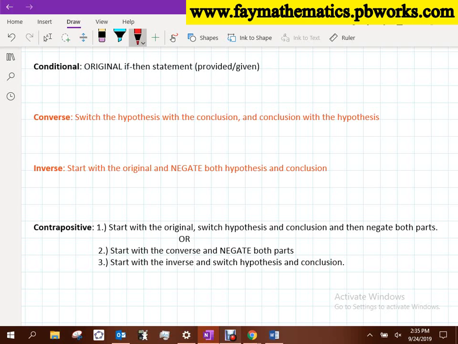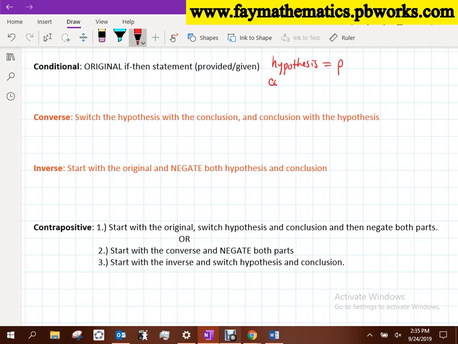There's a little bit of notation that goes along with this stuff. We talked yesterday that the hypothesis, all hypotheses, are grouped as the letter P, right?